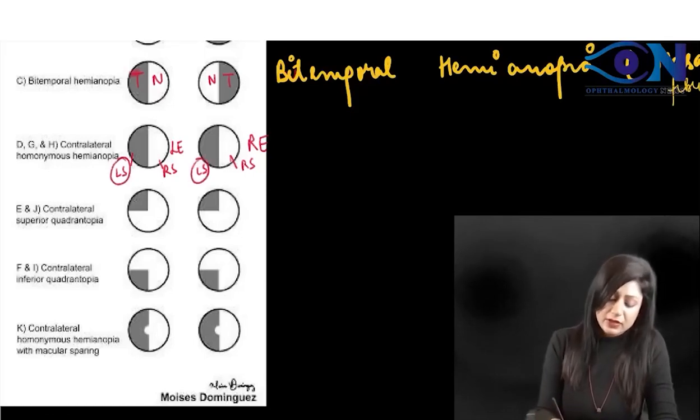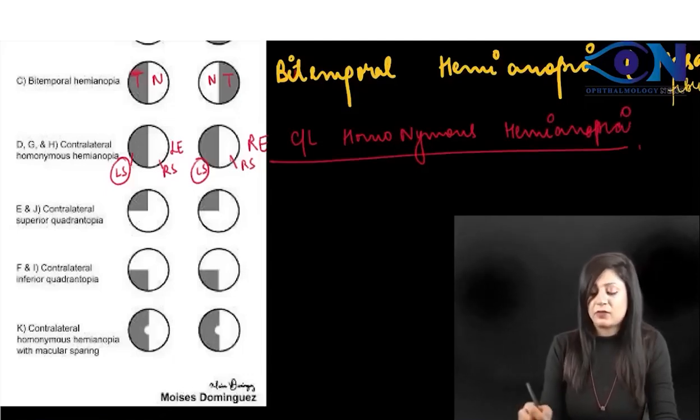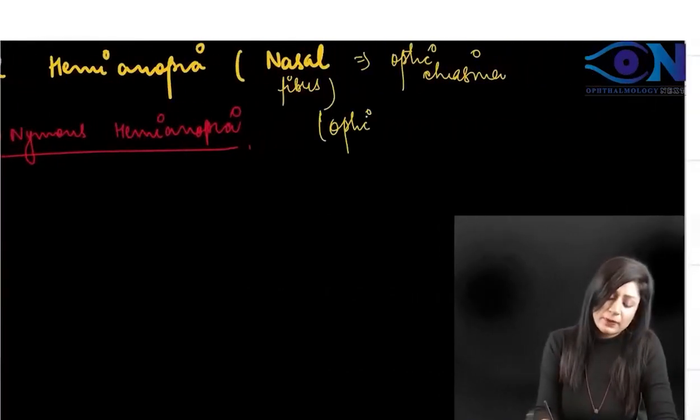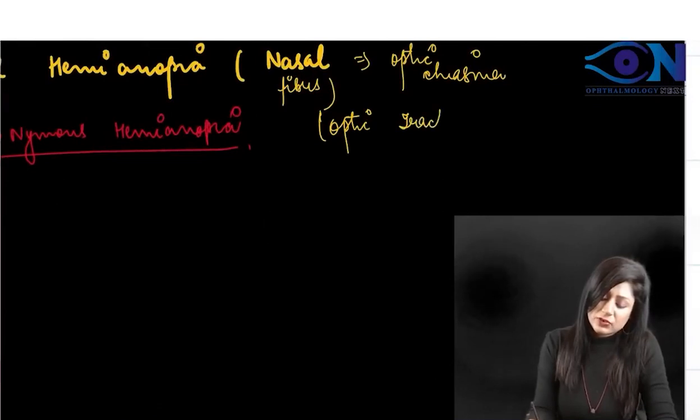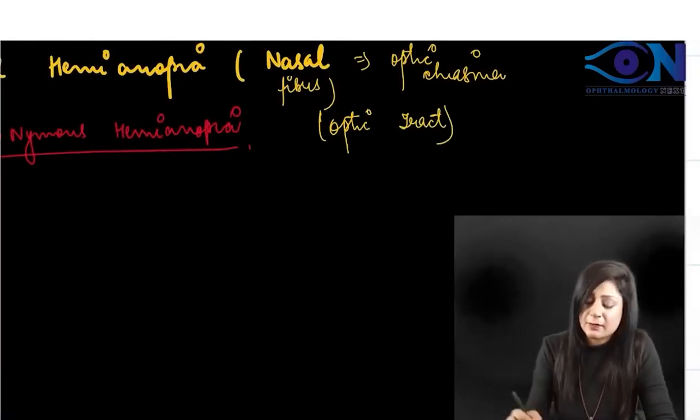So it is actually contralateral homonymous hemianopia, which you get for the first time in the lesions of the optic tract, and it is also the most common defect.